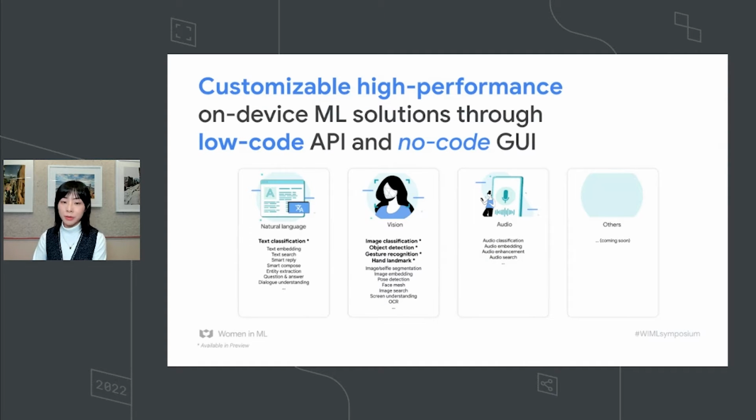Our solutions are organized by ML use cases across different domains, such as NLP, vision, audio, and more. We prioritize our solutions based on popular demand, so they include object detection, pose estimation, body and hand gesture recognition, and many more.